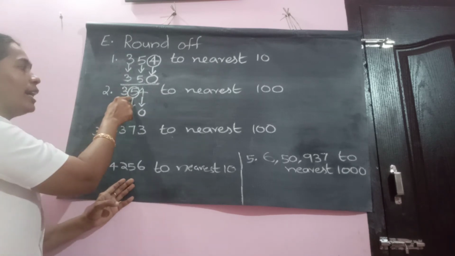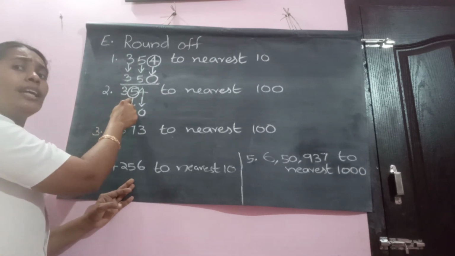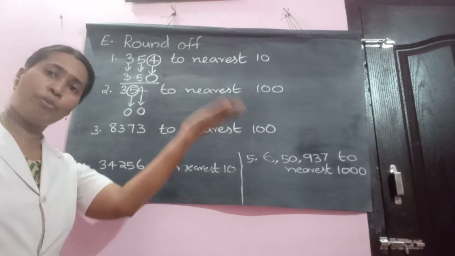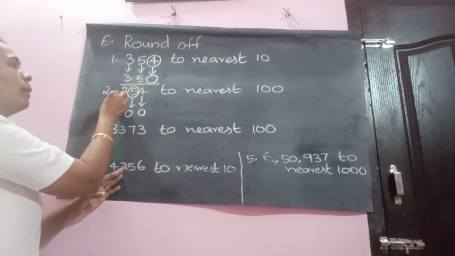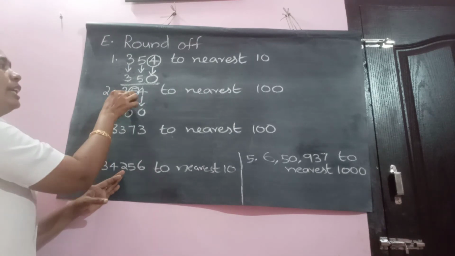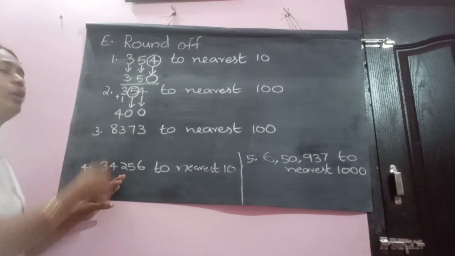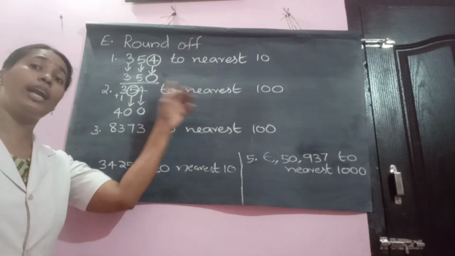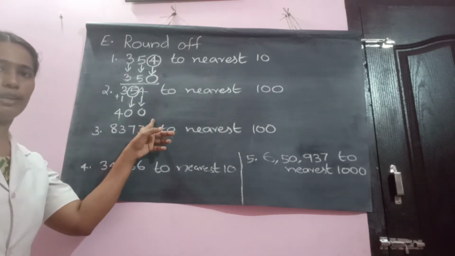Now look at the circled one only. It is 5. When it is 5 or more than 5, add 1 to the previous digit. 3 plus 1 equals 4, so 400. So 354 has been rounded up to 400.